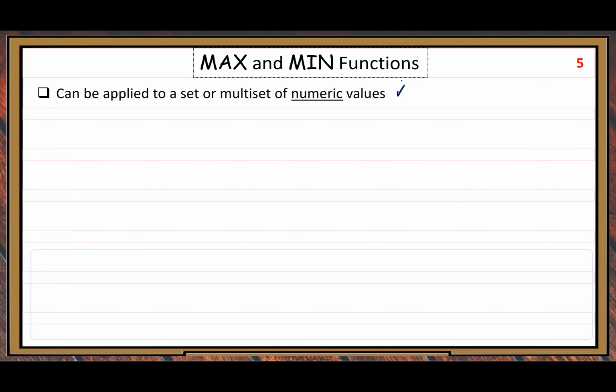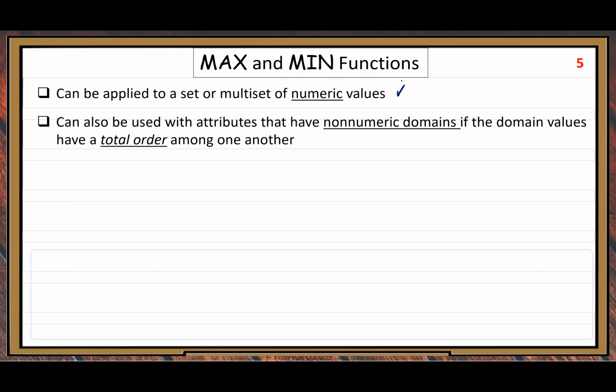Other than that, non-numeric values can also be used with attributes that have non-numeric domains if the domain values have a total order among one another. Total order, I explained this concept before. Here, we need to use this concept again.